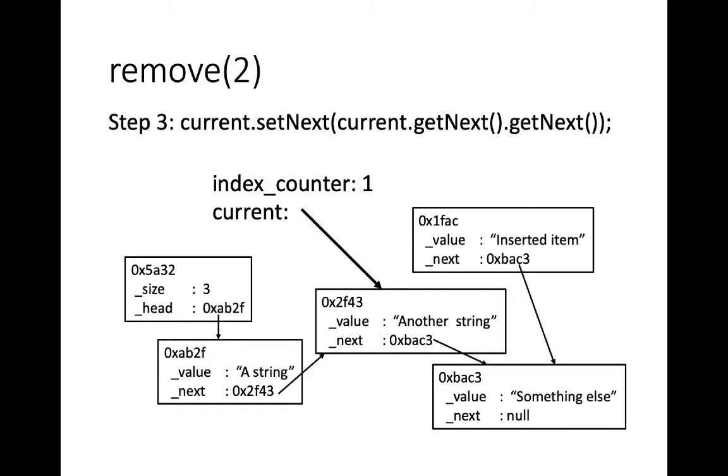And so that will repoint my next current to now point over here, right? And you'll see my chain now no longer includes that node. What do you think happens to that node? That's all you have to do to remove. What happens to that node that's just sitting out in the heap, right?